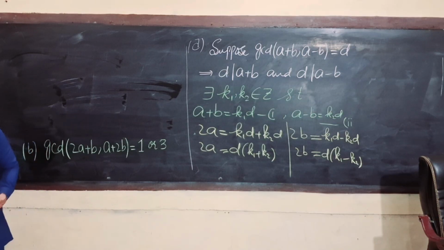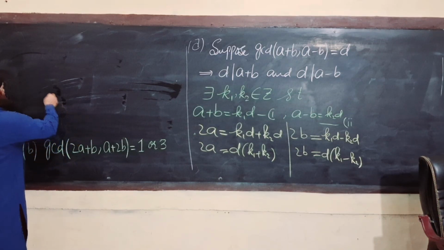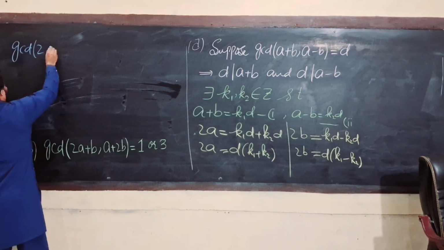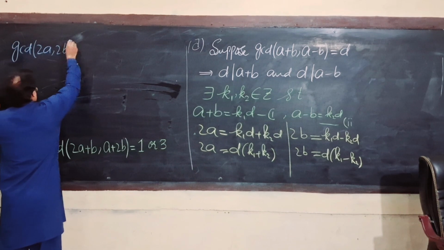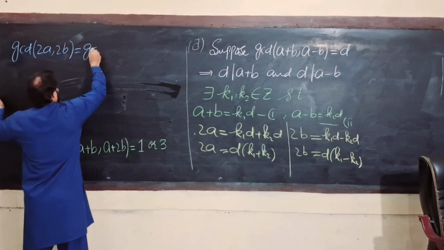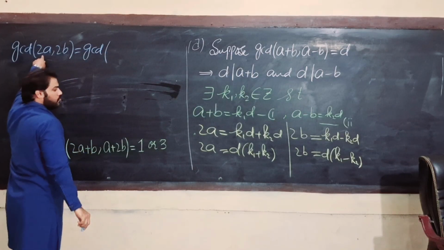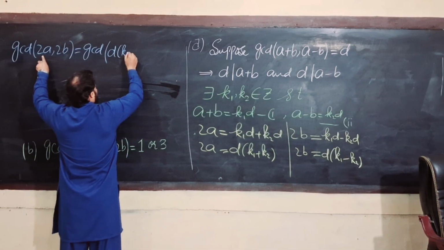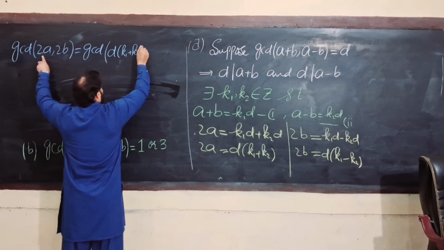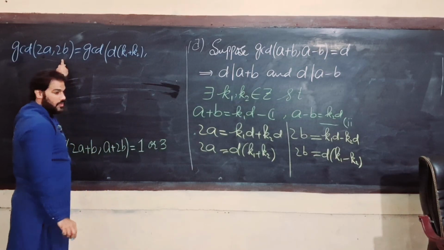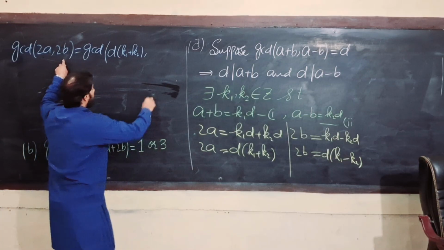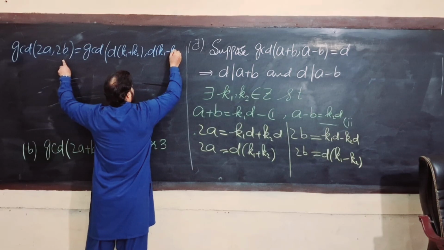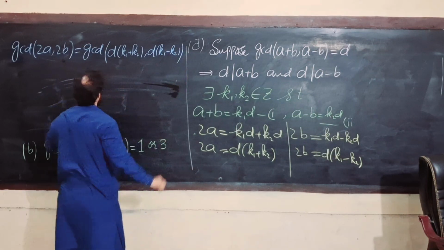Next, the GCD of 2A and 2B is equal to the GCD of, what is the value of 2A? 2A is equal to D times (k1 plus k2), comma, the value of 2B is equal to D times (k1 minus k2).